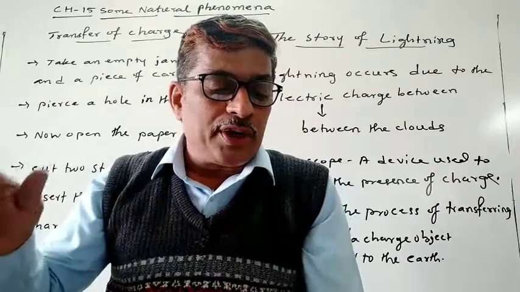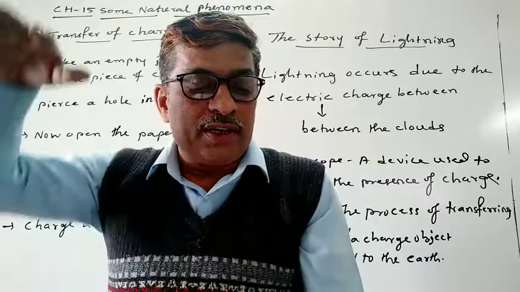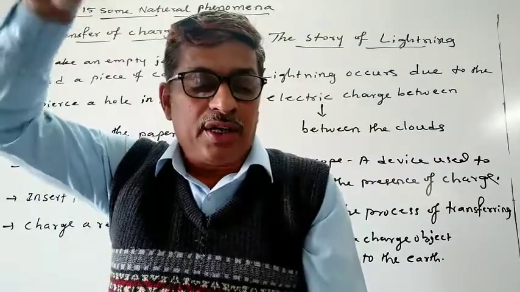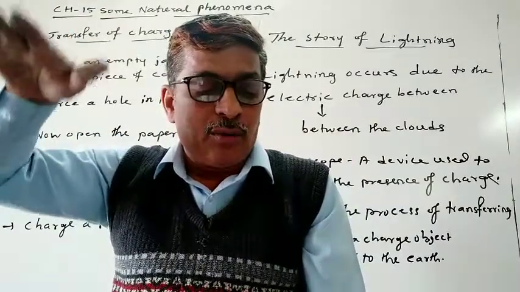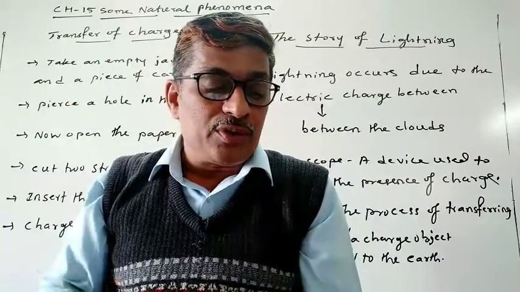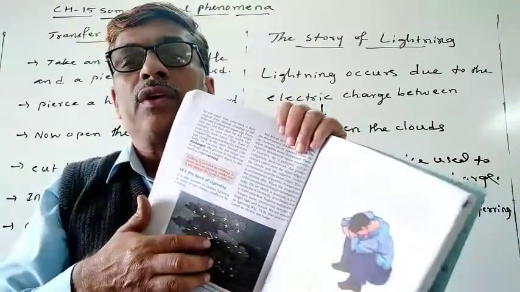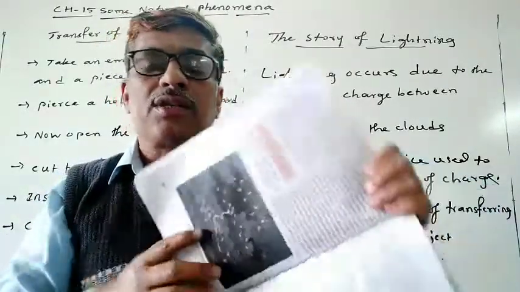By a process not yet completely understood, the positive charges collect near the upper edges of the clouds, the negative charges accumulate near the lower edges, and there is an accumulation of positive charges near the ground also.